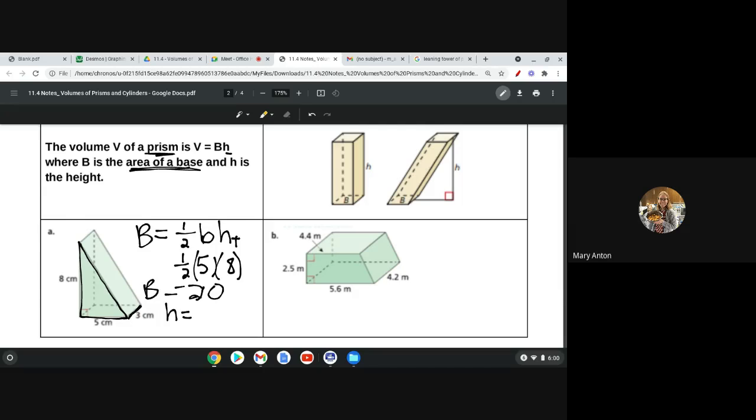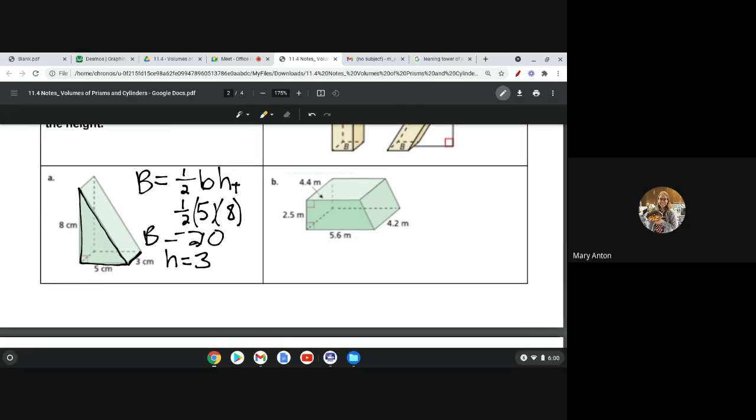That'll be this 3. And now finally, we can write that the volume of our prism is the area of the base times its height, which is 20 times 3, which is 60. Volume is in cubic units, so we'll say 60 cubic centimeters is our final answer.